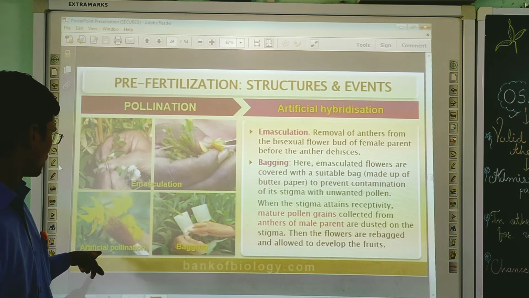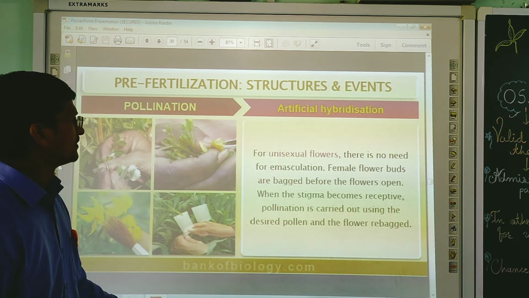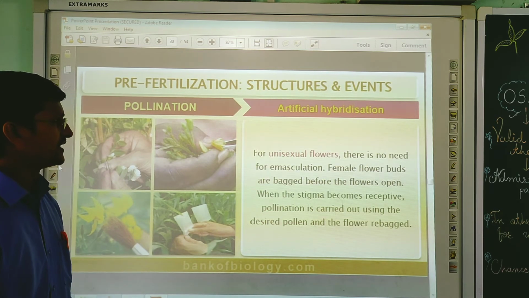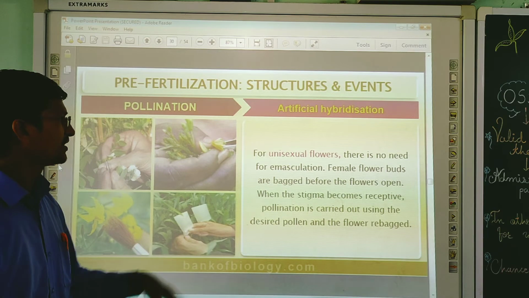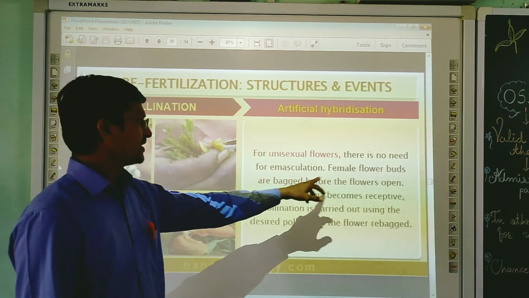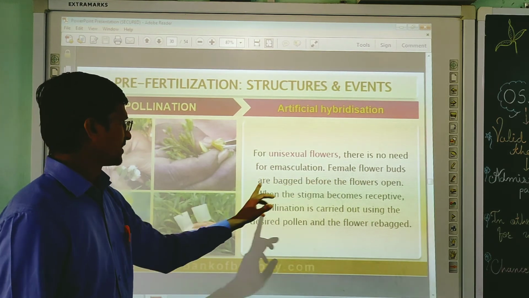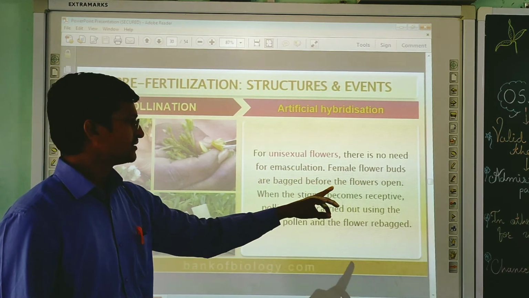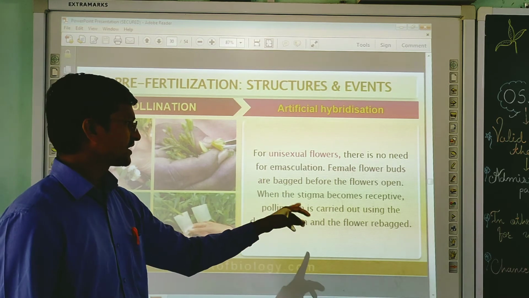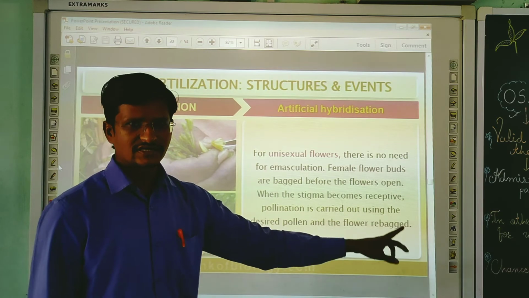In unisexual flowers, there is no need for emasculation because only one sex is present, and the female flower buds are bagged before the flowers open. When the stigma becomes receptive, pollination is carried out using the desired pollen, and the flower is rebagged.